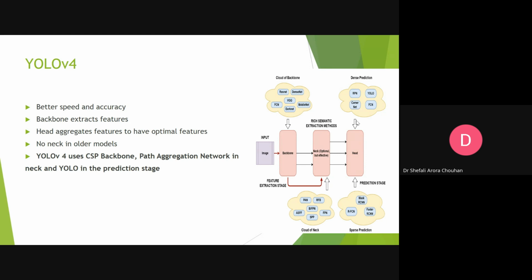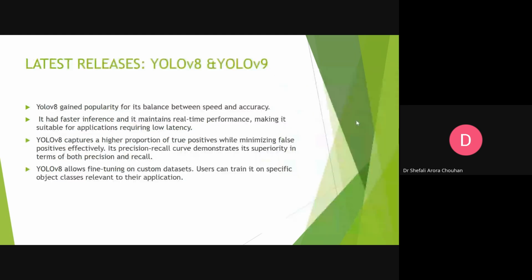I think there is enough fodder for everyone to go ahead and check out how each model wins over the other. Now, the latest ones that are used these days are YOLO V8 and YOLO V9. Why have they gained a lot of popularity? Because of the speed and accuracy, and because real-time detection of objects has been improved a lot.